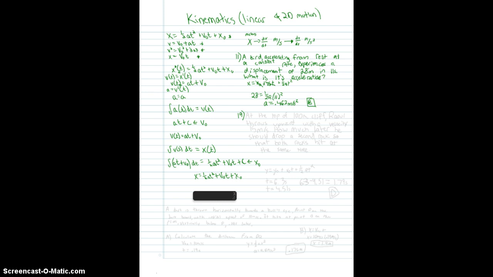We're back to doing number 19, which is at the top of a cliff, 100 meters high. Raul, my boy Raul, throws a rock upward with a velocity of 15 meters per second.